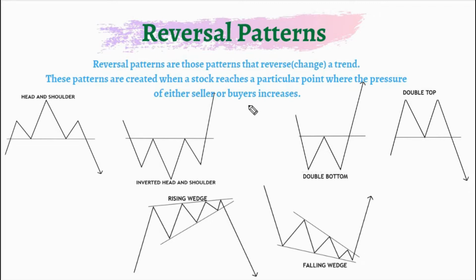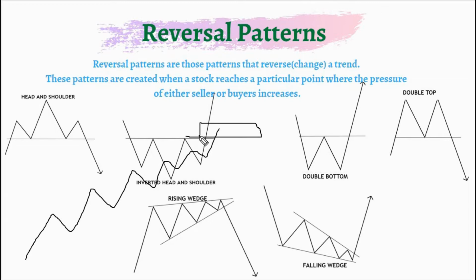Okay, see, these patterns are created when a stock reaches a particular point where the pressure of either buyers or sellers increases. Okay, for example, if prices are going in a very strong uptrend, then a point is reached where buyers are not that aggressive to continue the prices towards the upside. So from here we see a very strong sharp selling momentum which broke the last swing low of the market.